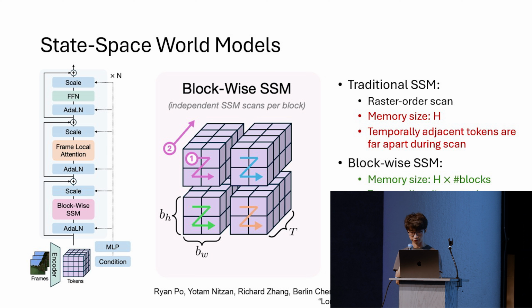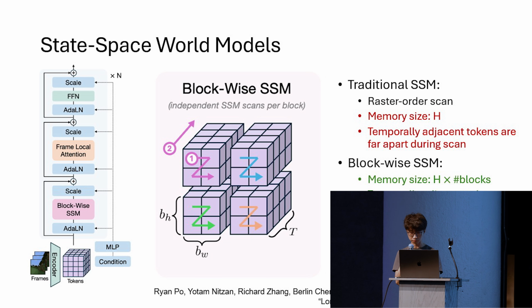Instead of scanning one frame and then the next, we scan a very small block, maybe just one location for one frame. And we have this parallel Mamba scanning head. In this example, we divide this video chunk into 4 blocks. For each head, we scan one block spatially and then go to the next location. So temporally adjacent tokens are much closer in the scanning, so the model can remember things much longer temporally.